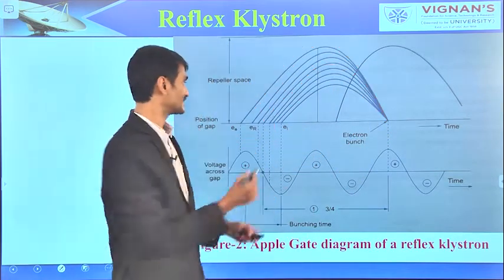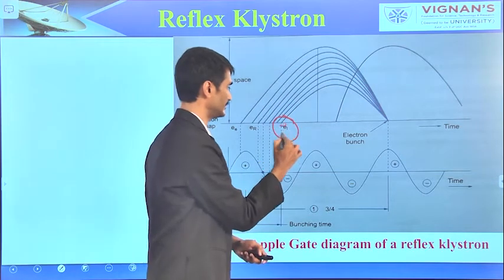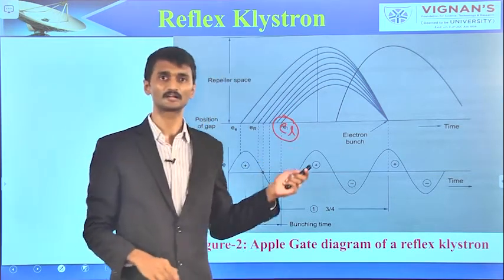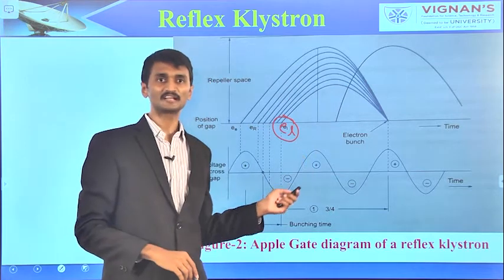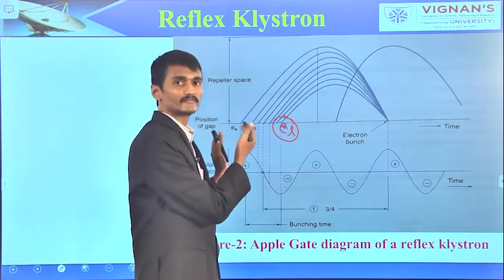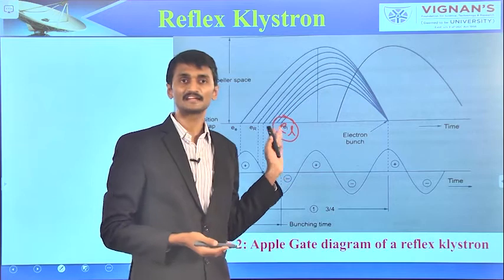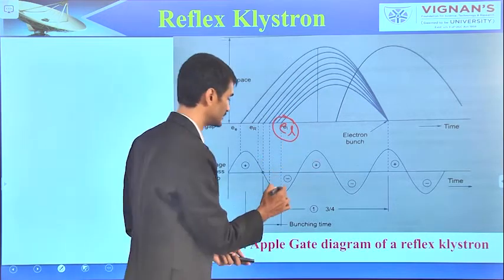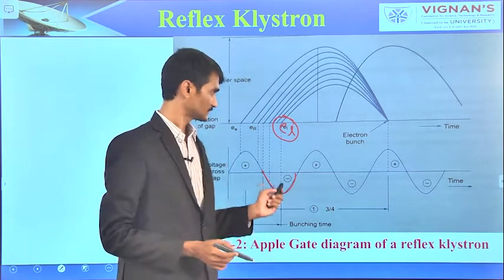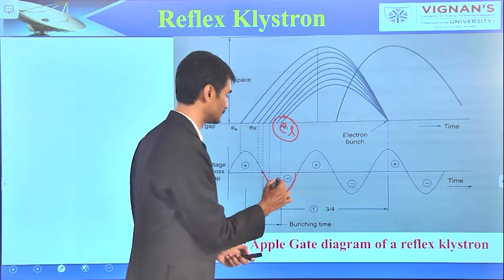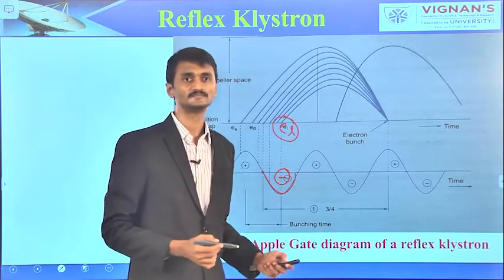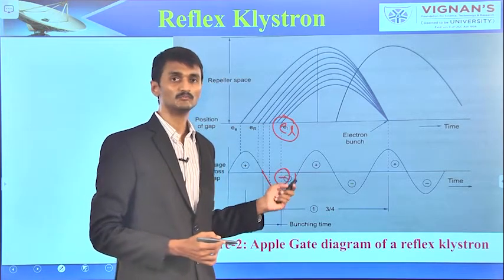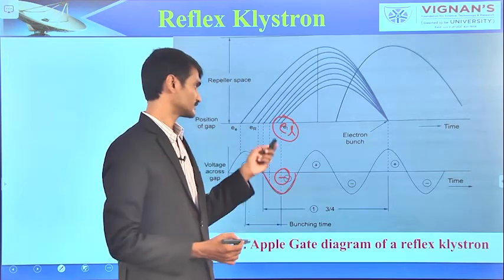Now coming to the late electron, EL. The late electron passes the gap later than the reference electron, experiences a maximum negative voltage, and moves with a retarding velocity.